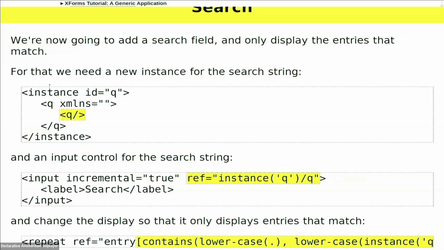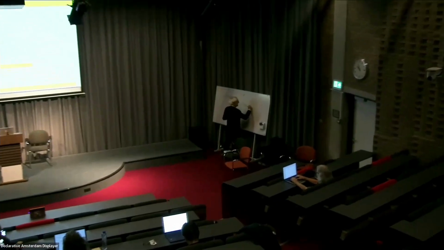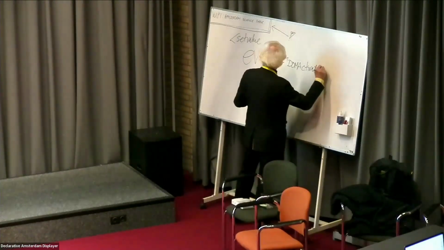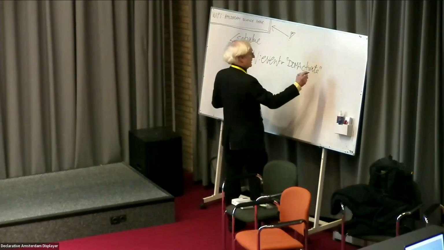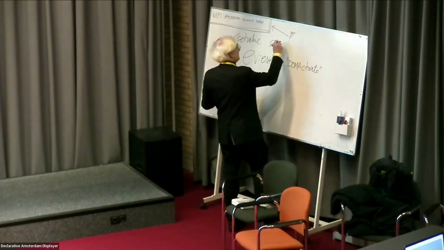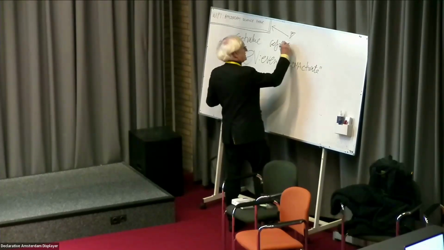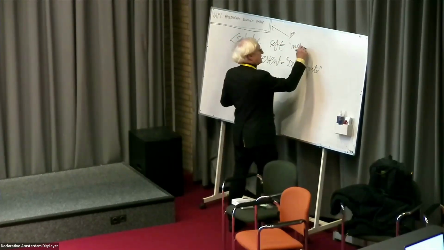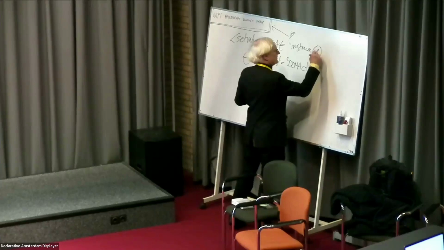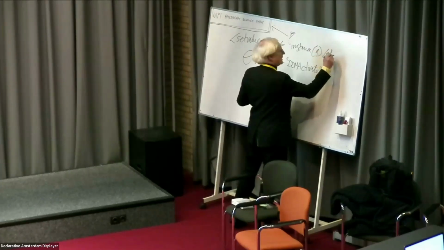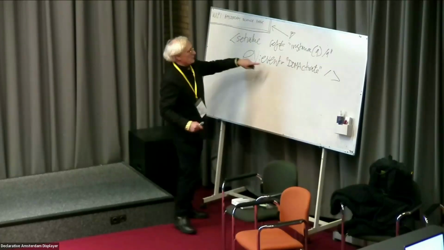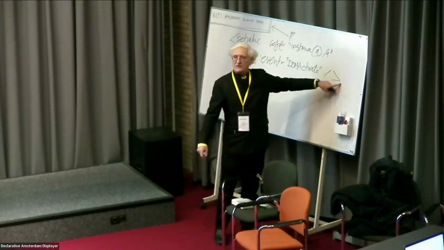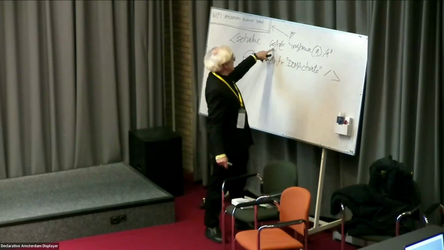ev:event equals, and then DOM, capital DOM activate. Set value, and then ref equals instance q/q. So it's an empty element because it's the content of this element that gets put in this place.